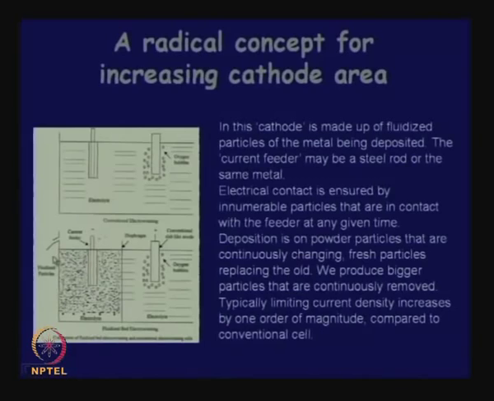Now, what happens when you have a fluidized bed electrolyte? You have a current feeder stuck into an electrolyte where there are an infinite number of metal particles floating around. And at any instant, there will be innumerable number of particles in contact with the electrode surface, in contact with each other, and this chain now functions at the cathode surface.